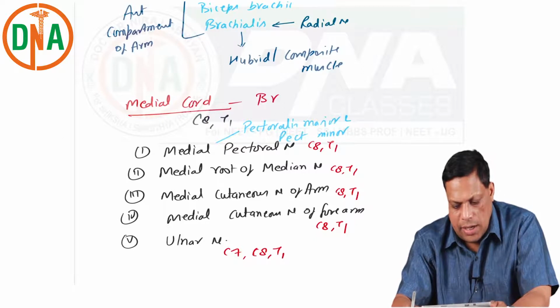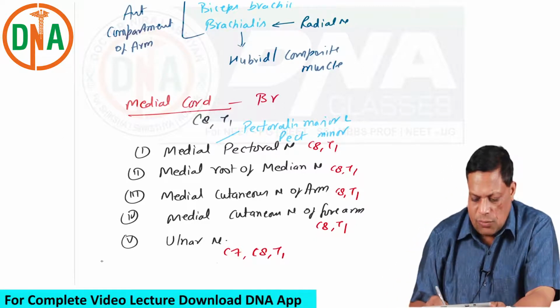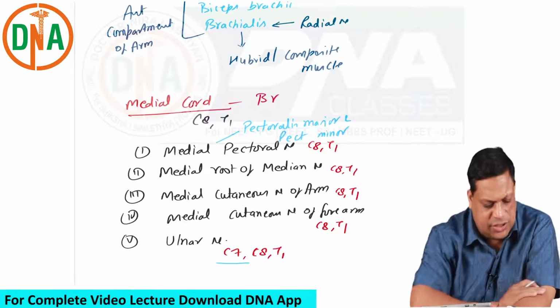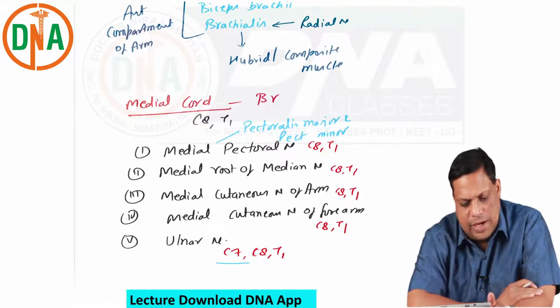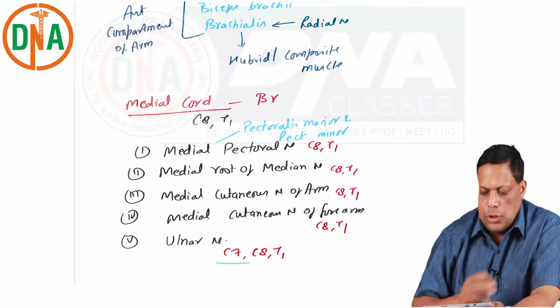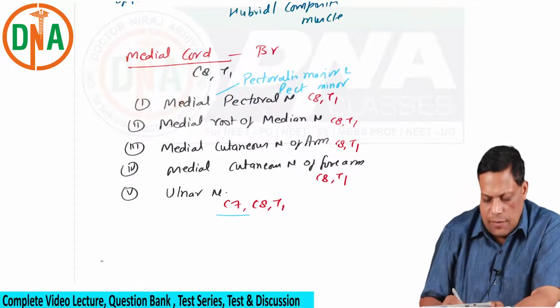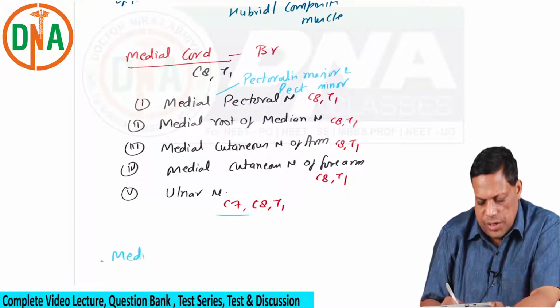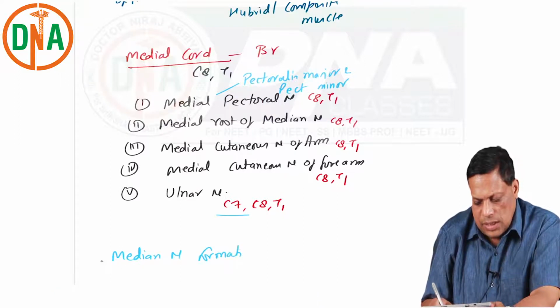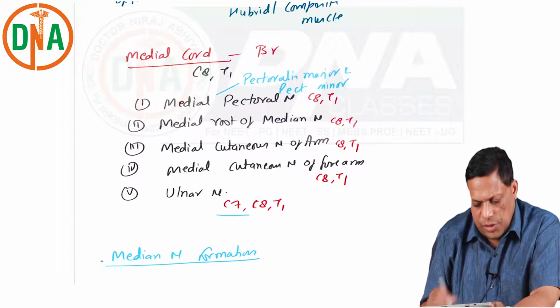Now the ulnar nerve. One question arises: why does this ulnar nerve have C7 fibers while it is a branch of medial cord? The answer comes from the median nerve formation.